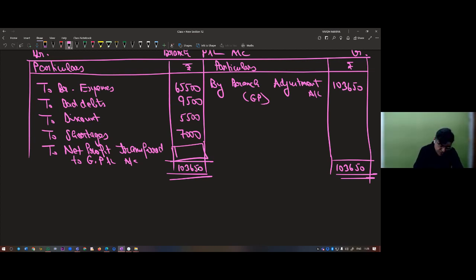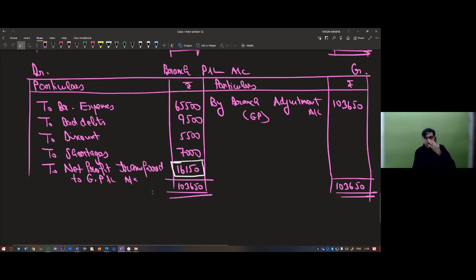Something seems wrong. Recalculating, it is 16,150.